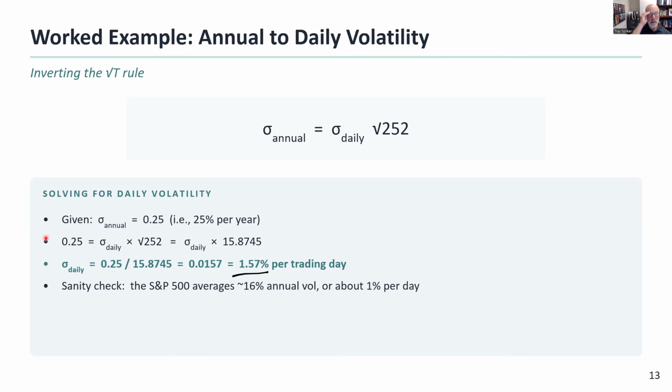And just to give you a sense for that, the historic S&P annual volatility was in the range of 16%. It's been more like 20-ish% since COVID, but roughly 1 to 1.5% per day. Okay, so that's within the ballpark.